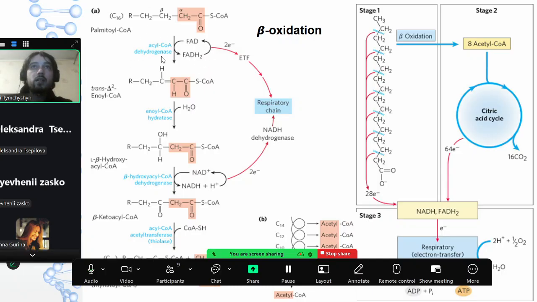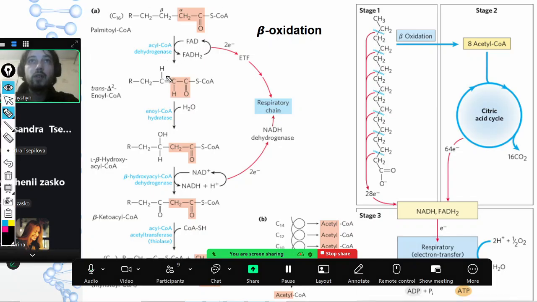This acyl-CoA dehydrogenase creates a double bond by removing 1 hydrogen from each of the alpha and beta carbons. That's basically trans-delta-2-enoyl-CoA. This delta 2 tells you that you have a double bond on the second carbon atom.